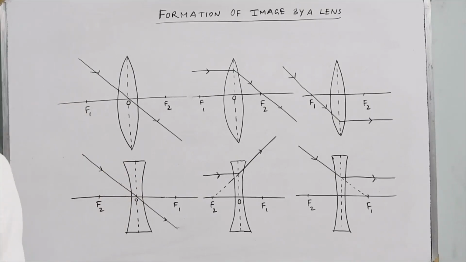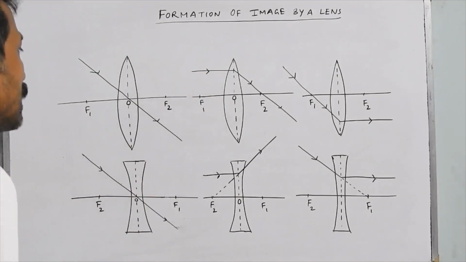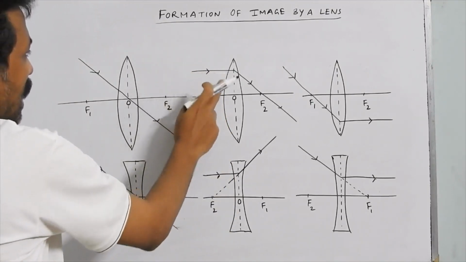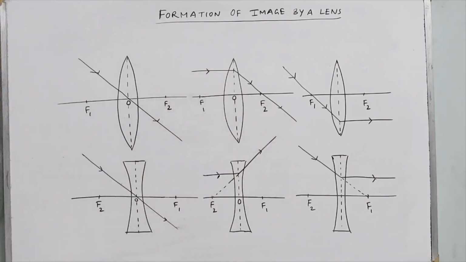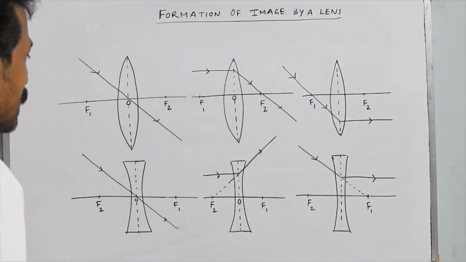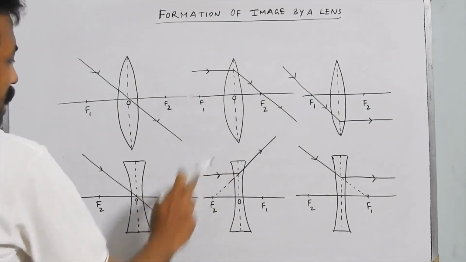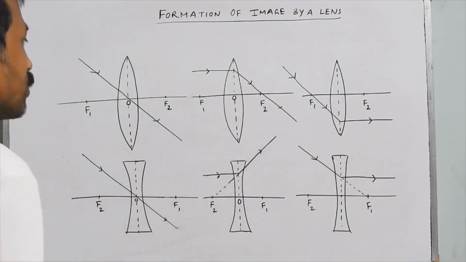Another ray that can be taken is a ray that is parallel to the principal axis. In case of a convex lens, the ray parallel to the principal axis after refraction passes through the second principal focus. Similarly, in the case of a concave lens, a ray parallel to the principal axis will appear to diverge from the second principal focus.